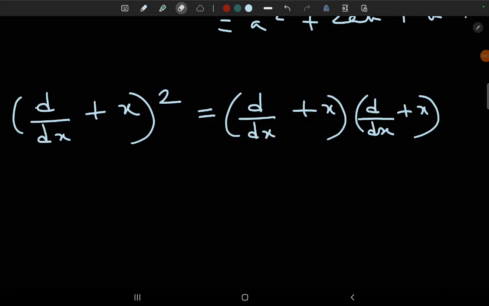So first idea is we will have d/dx on d/dx. This is d/dx. So let us make the general operator derivation first.